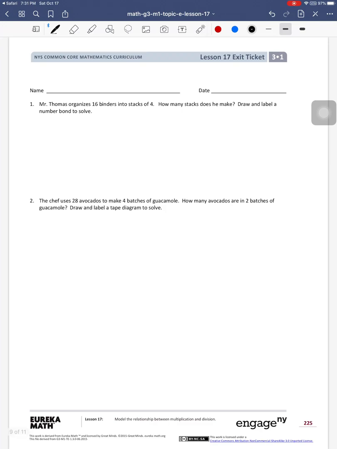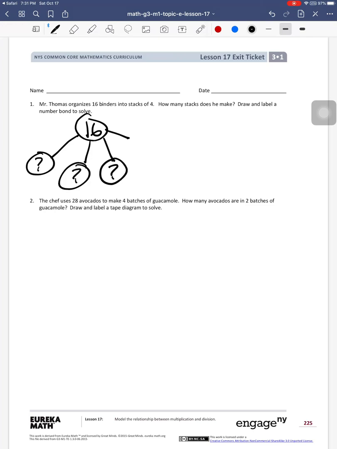Mr. Thomas organizes 16 binders into stacks of 4. How many stacks does he make? Draw and label a number bond to solve. All right, so 16 is here, and we know we have 4 groups. We just don't know what number goes here. We know it's 4, though. 4 groups. So we can do 16 divided by 4 equals, and what does that equal? 4, right?